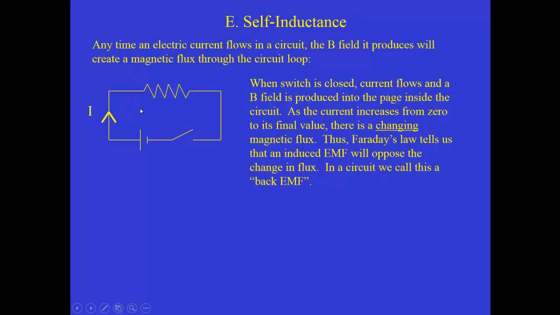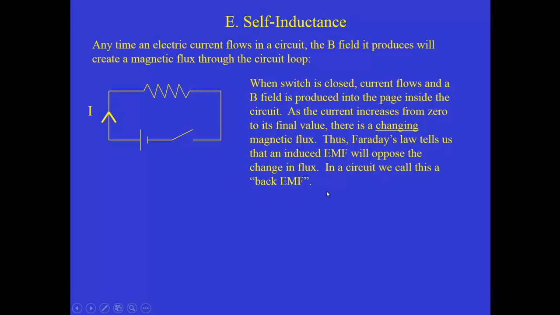If the magnetic field is pointing into the page and increasing, there will be an induced B pointing out of the page that opposes the change in flux. That means there will be an induced current in this loop in the counterclockwise direction that opposes the current changing from 0 to its final value.